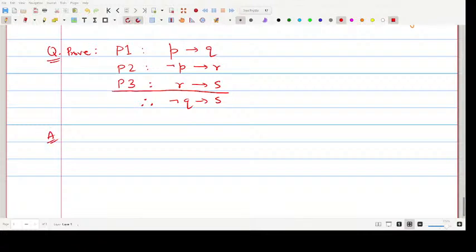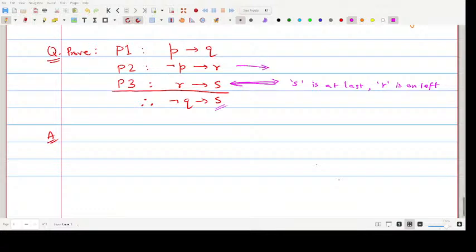Now, the way to solve it, the plan, is as follows. In the statement to prove there is an S at the end. So we need to find a premise or a compound statement in which S is at the end. In P3, S is at last, and before S, R is on the left.